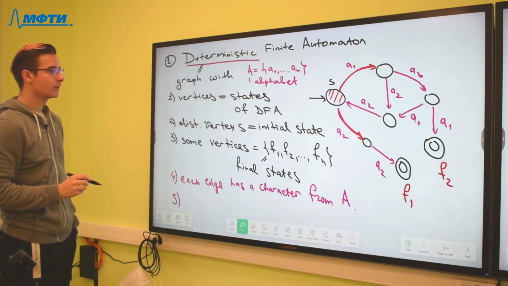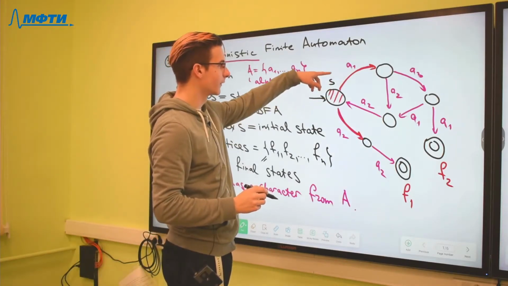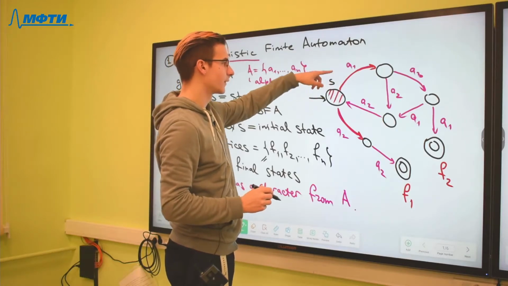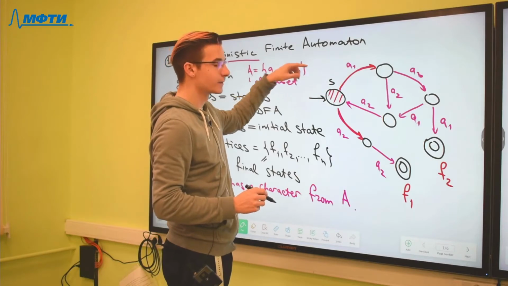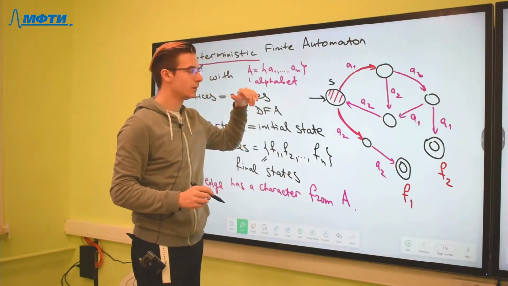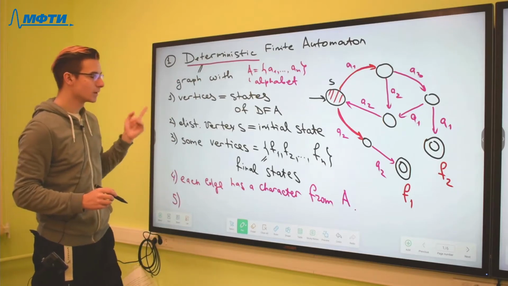If for all edges that start with this vertex the characters on the arrows are different, then in this case we say that the automaton is deterministic.